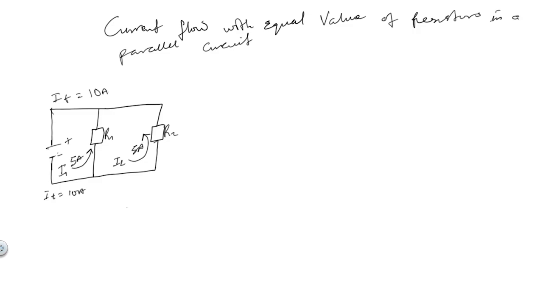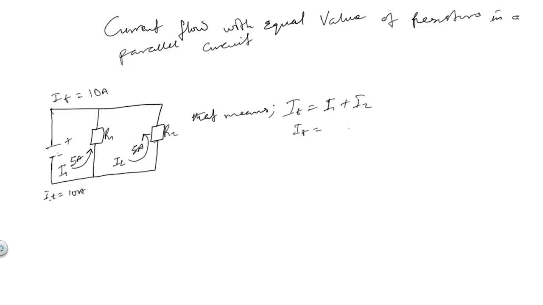So what was I trying to say? I said if the total current IT is 10 amps, then 5 amps would flow through R1, and then 5 amps will flow through R2. That means I total is equal to I1 plus I2.